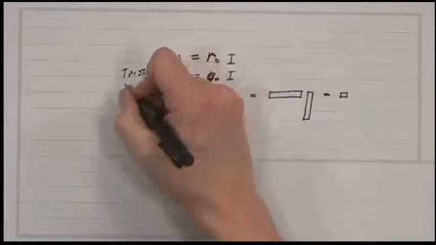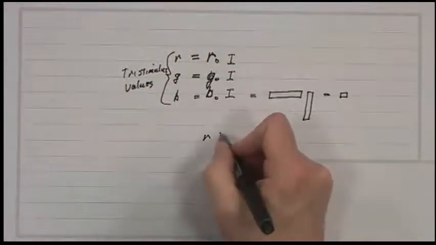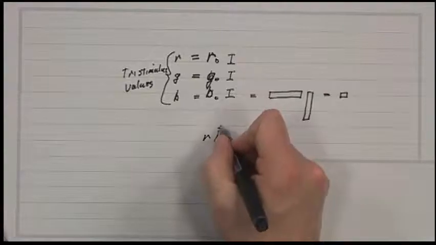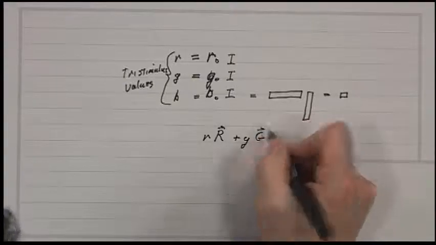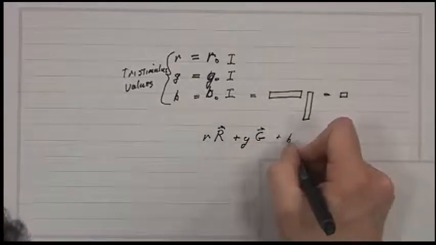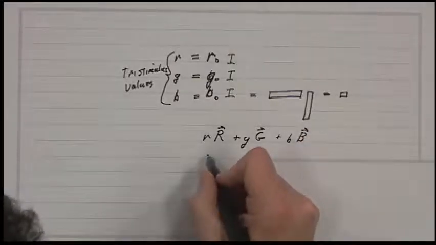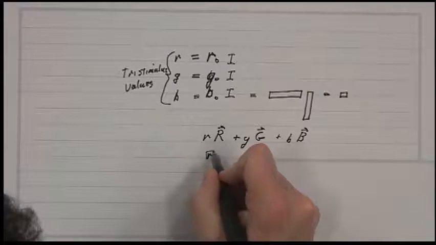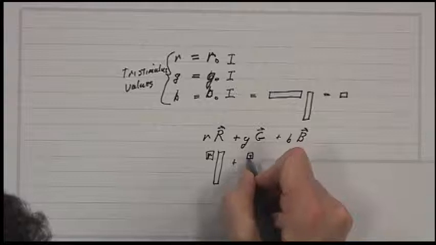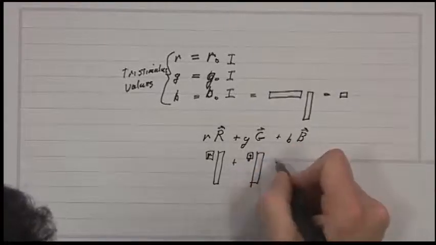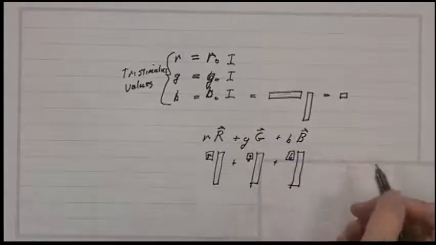So if I take R times R, plus G times G, plus B times B, what that means is I'm taking R, which is a scalar, times the column vector, plus G times a column vector, plus B times a column vector, right?